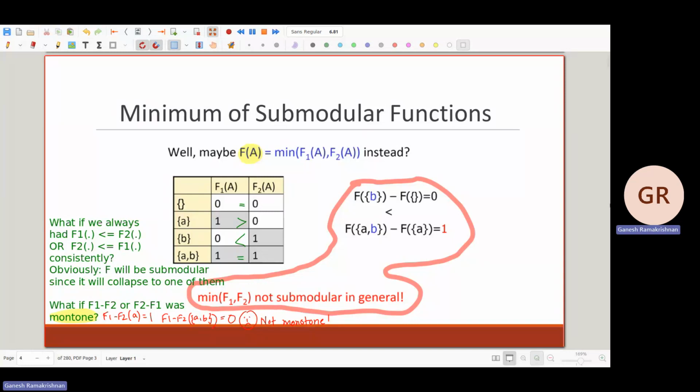The other question asked here is, what if F1 minus F2 or F2 minus F1 was monotone? We showed that min is not submodular in general. But in this case, there's a problem. F1 of A is 1, then you add a B, it's 0. Is it monotone?